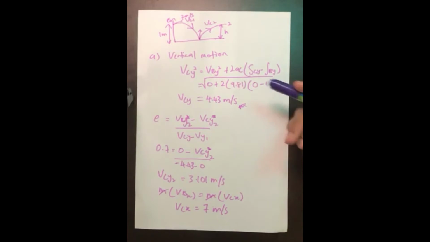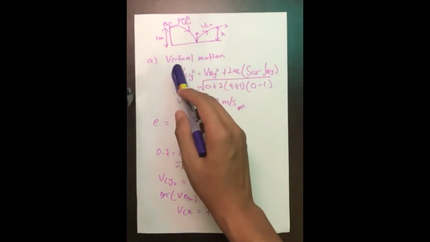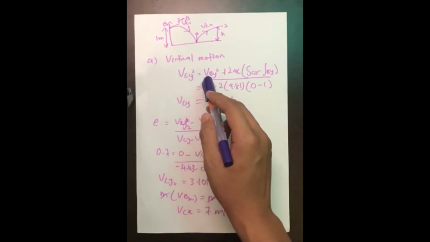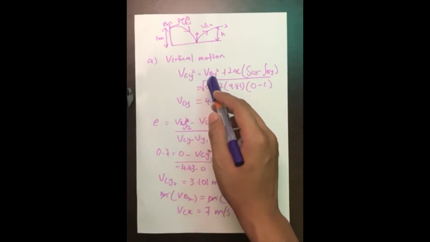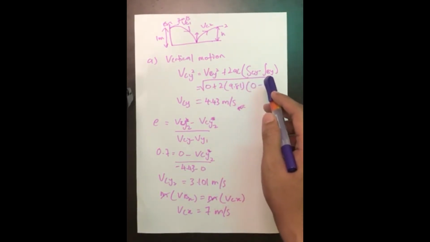The question asks us to calculate the velocity of the object. The first step is to use vertical motion to find VCY. The equation is VCY squared equals VBY squared plus 2 AC times SCY minus SBY.